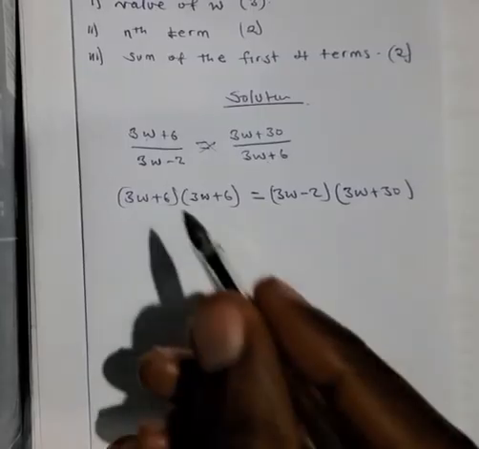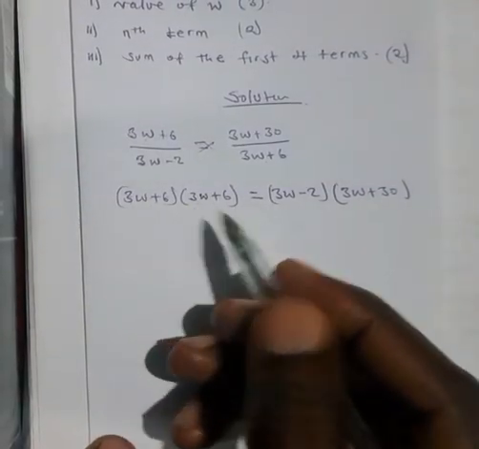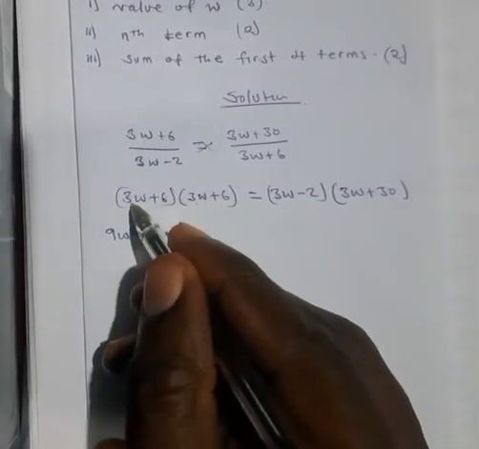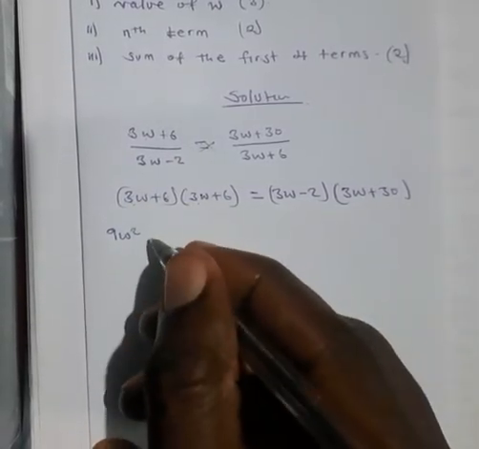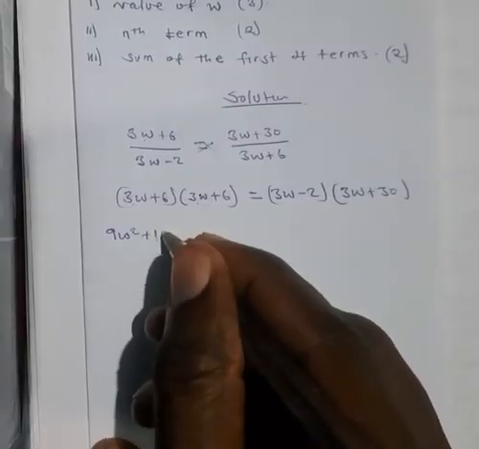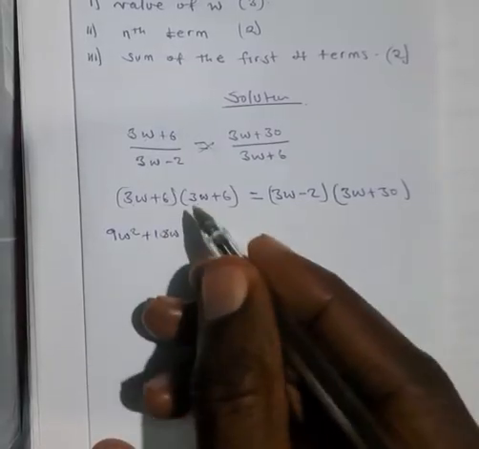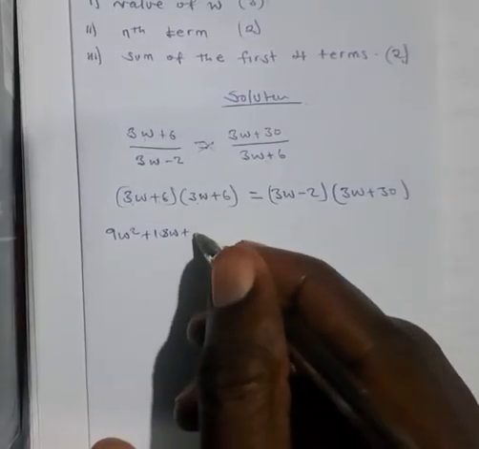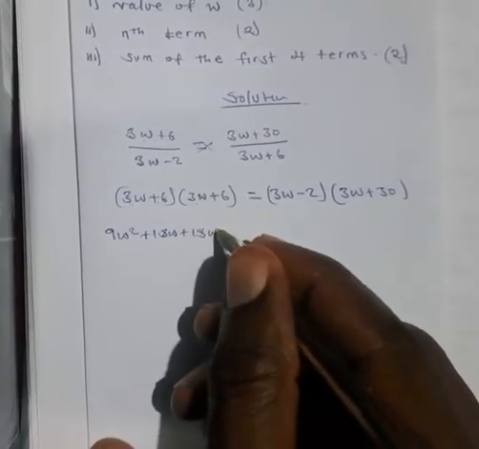So let us expand them. 3w times 3w, that is 9w squared. 3w times 6 should be 18w. Then 6 times 3w, again we have 18w.